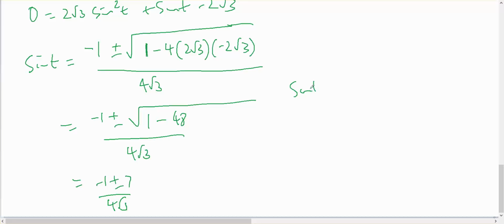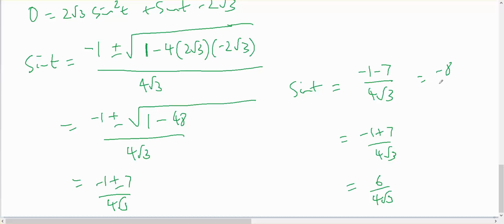So the sine of t equals negative 1 minus 7 on 4 root 3, or negative 1 plus 7 on 4 root 3, which would be 6 on 4 root 3, or negative 8 on 4 root 3.